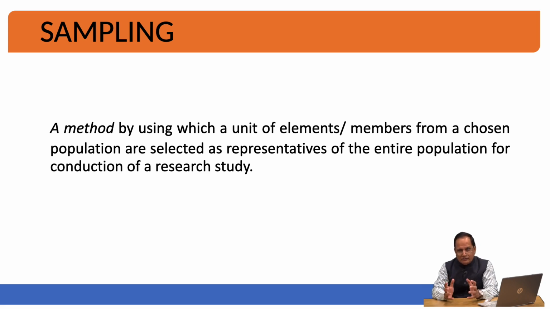Sample is selection of some of the subjects or objects from the population, and then conducting the research on them by collecting data related to the research from these subjects or objects. Here there is a need to understand the difference between subjects and objects also. Subjects are most of the time considered as living beings, whereas objects are non-living.